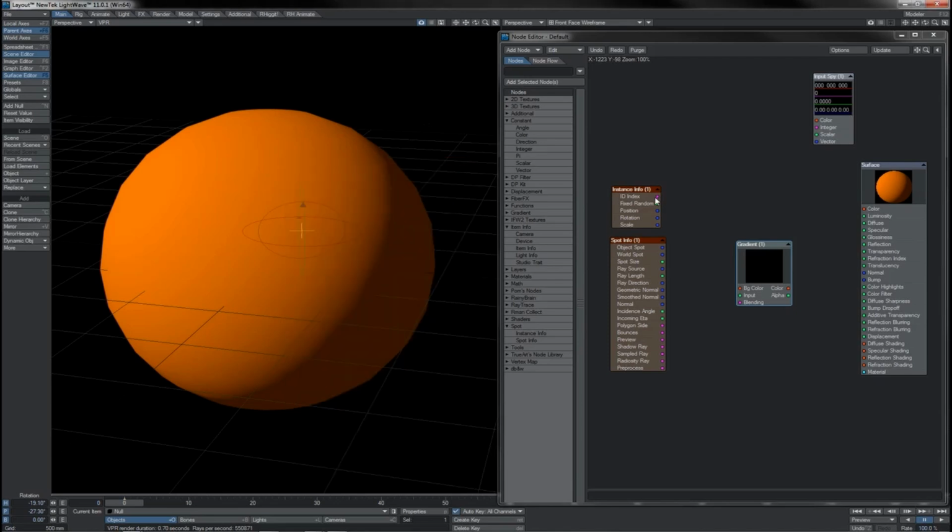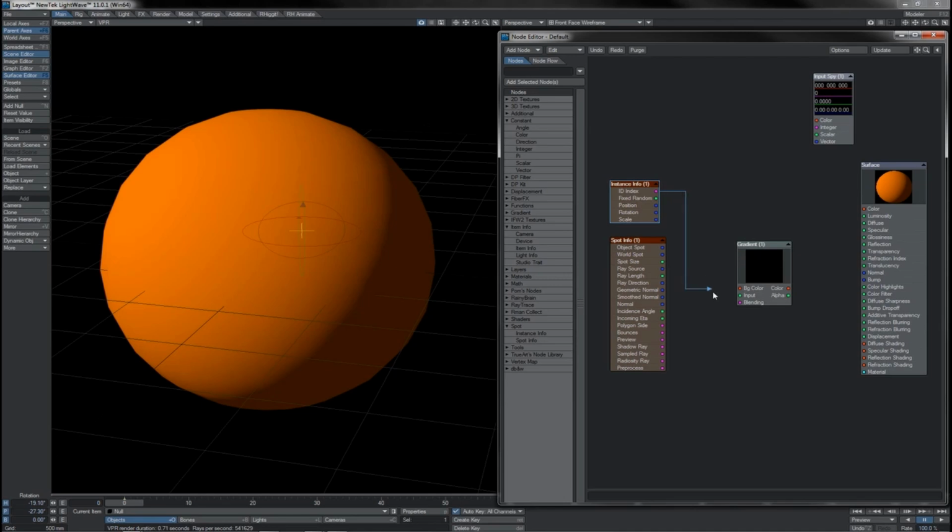However, if you look at something like the instance info node, you've got ID index. You've also got, of course, position, rotation. These are sets. When you've got instances in your scene, this ID index carries the ID of every single instance.